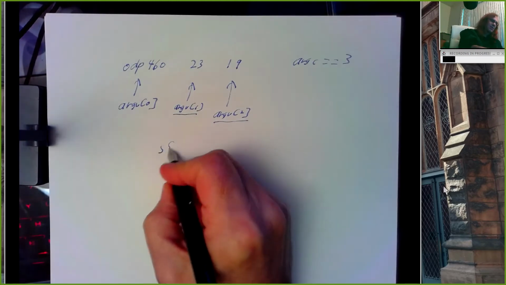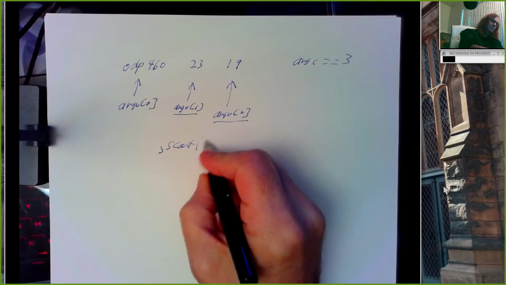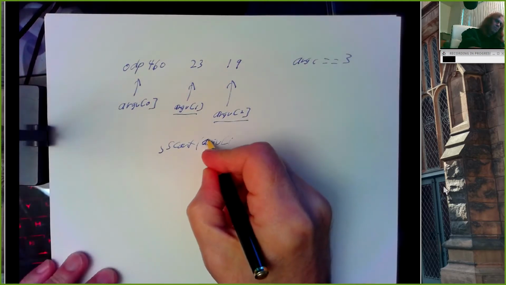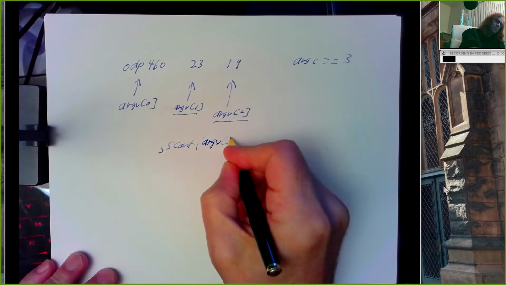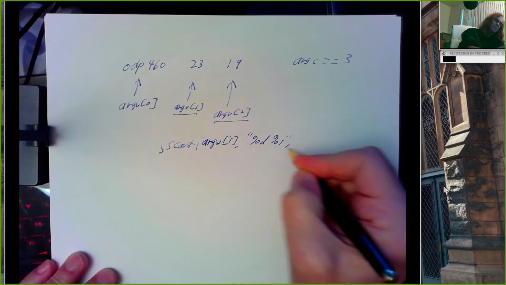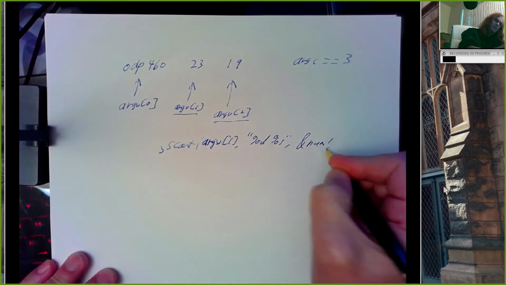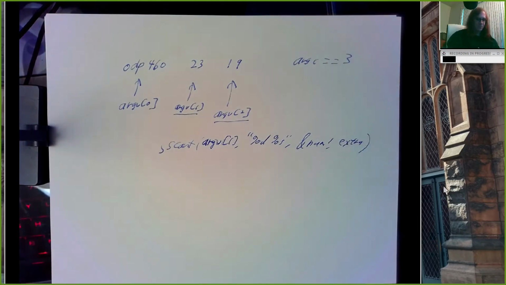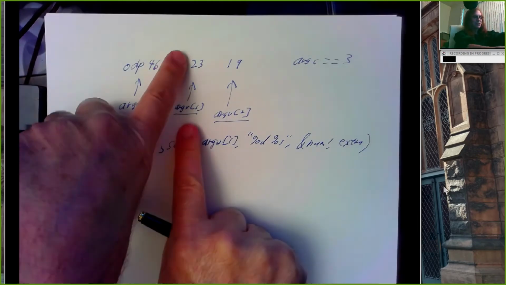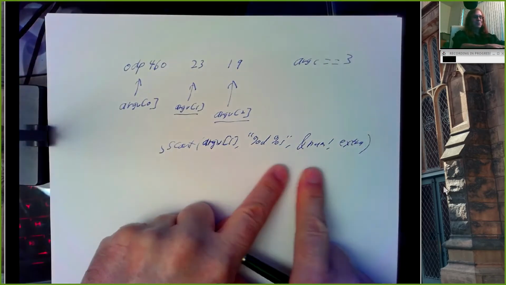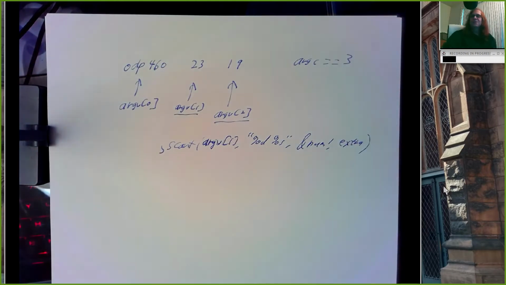So something like scanf argv bracket 1, the usual %d %s, the name of an integer variable, and then the name of a big old character array. And this says, hey, take whatever this string is, this first argument they had, try to interpret it as an integer and a string, put the integer in num1, put anything extra in extra.